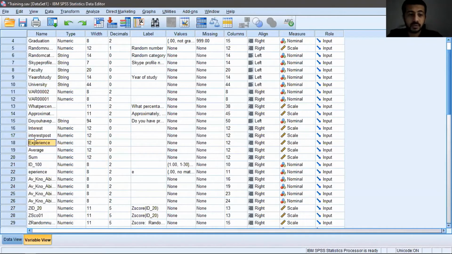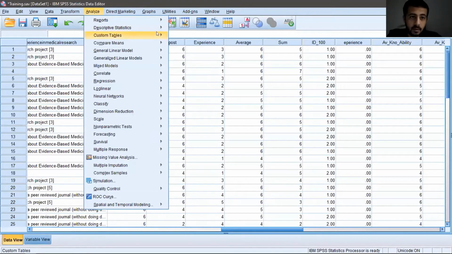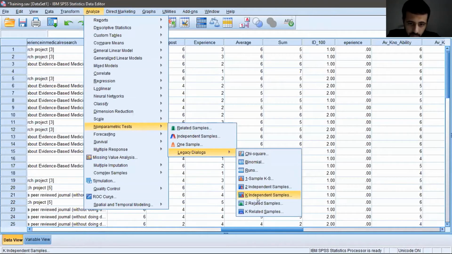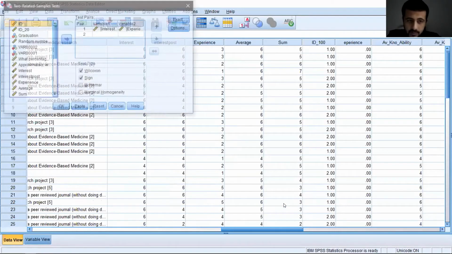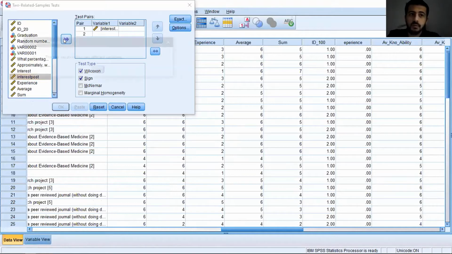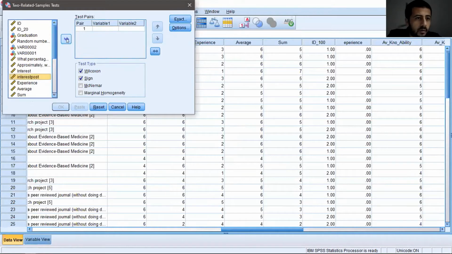Interest and interest post. This is the meaning of a paired sample t-test. I will take the non-parametric test. We can use both ways, as you can see. Two related samples. I will take interest and interest post. What is the test type?